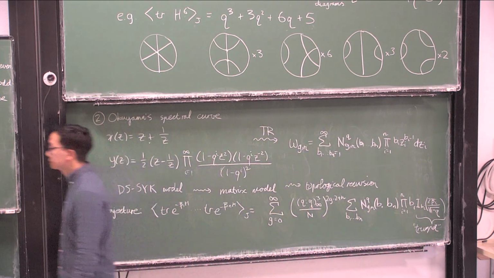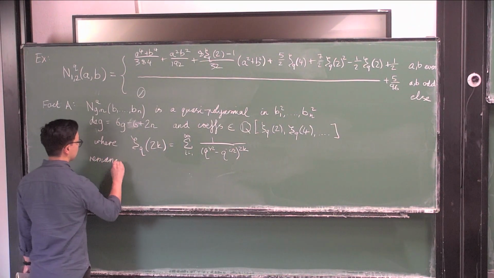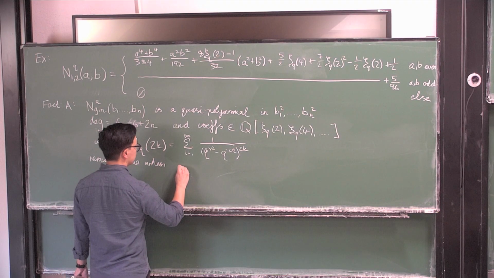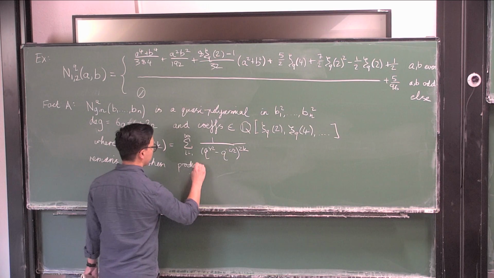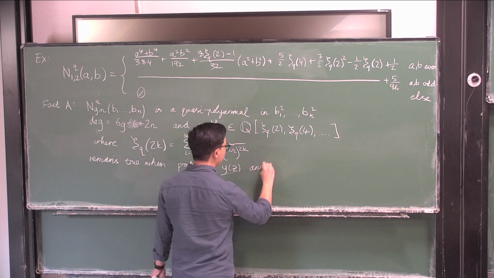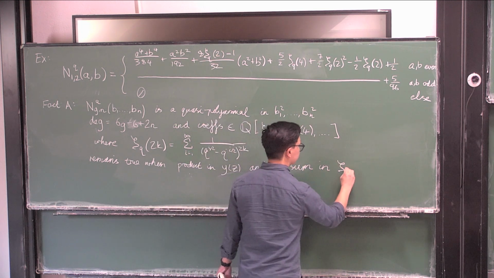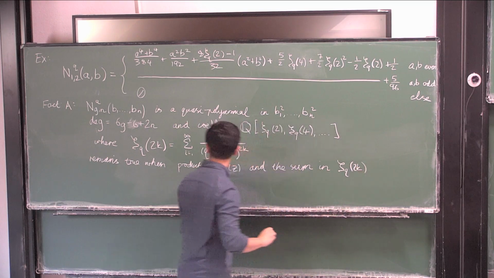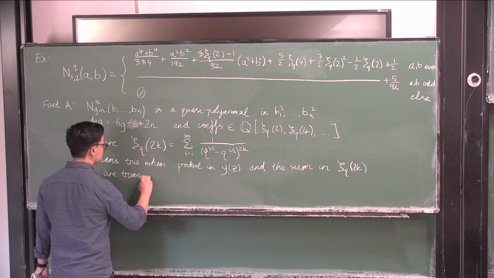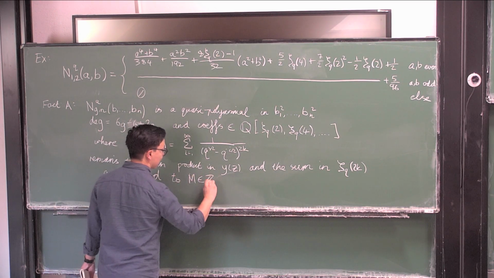So this is what I'm going to say. Everything I say remains true when the product in this expression for y that we see on the other board and the sum in the definition of zeta q are truncated to whatever level you like, to some m in Z plus.